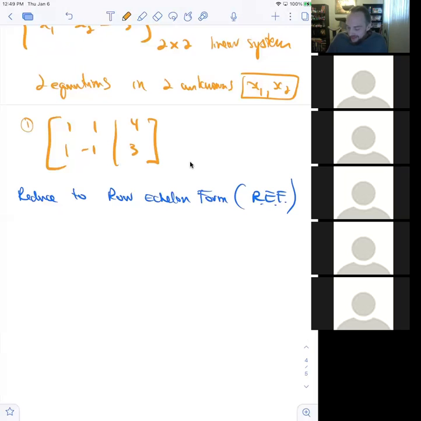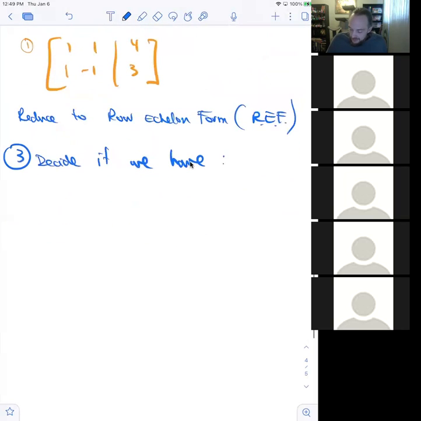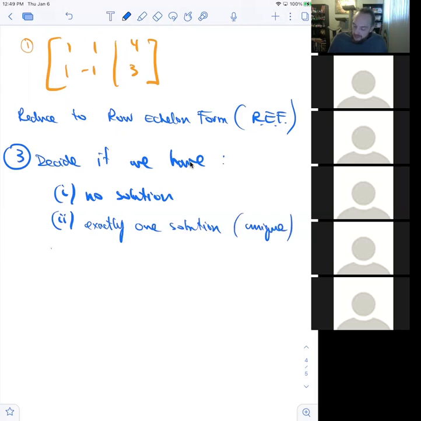Once we get into row echelon form, what's the third thing we want to do? 3, we want to decide every time, this doesn't matter what the size of the system is, if we have no solution, 1 solution, which we'll also call unique, or infinitely many solutions.